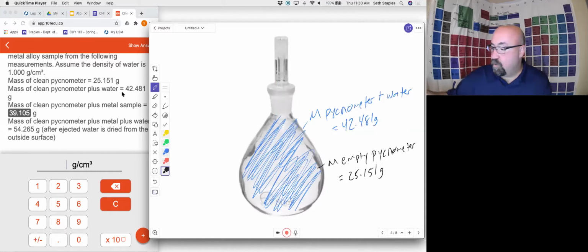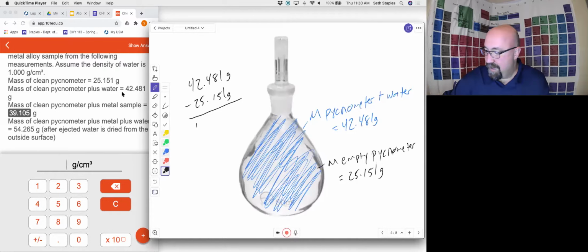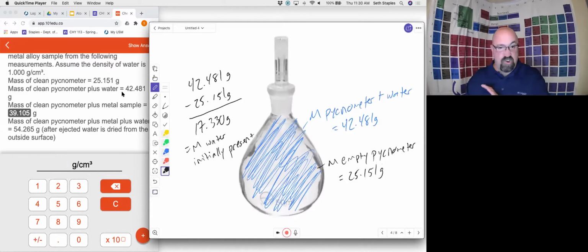And so now we can subtract the two of those. 42.481 grams minus 25.151 grams. We do that subtraction, we have a mass of 17.330 grams. And so that is equal to the mass of the water initially present. So before anything is ejected out, before we've done anything, we just have our water sitting in our pycnometer. The mass of that water sitting in there is 17.330 grams.